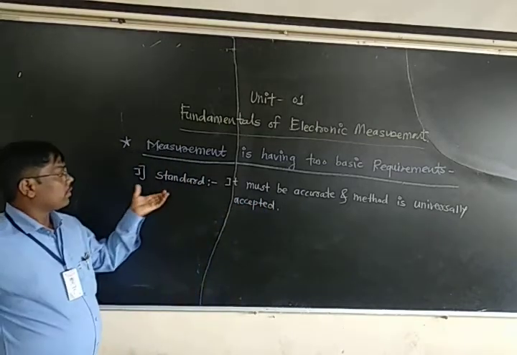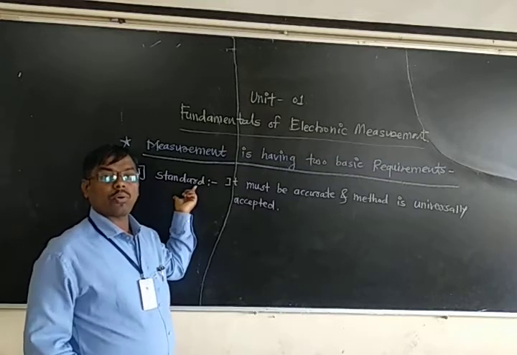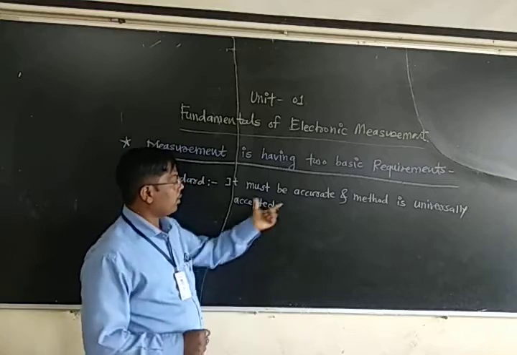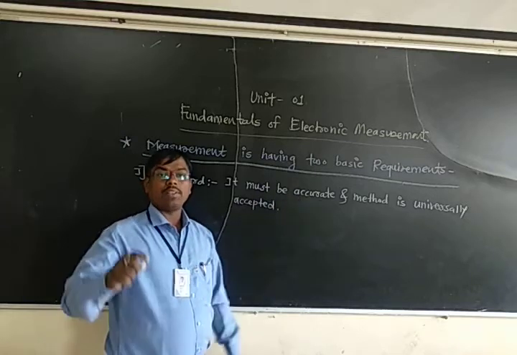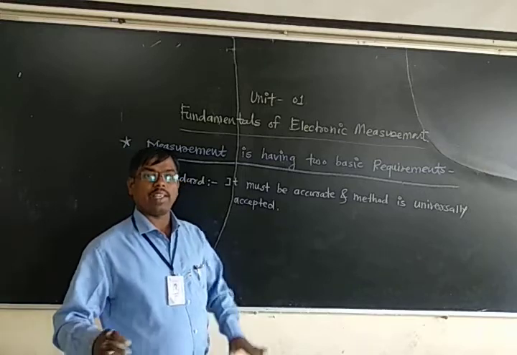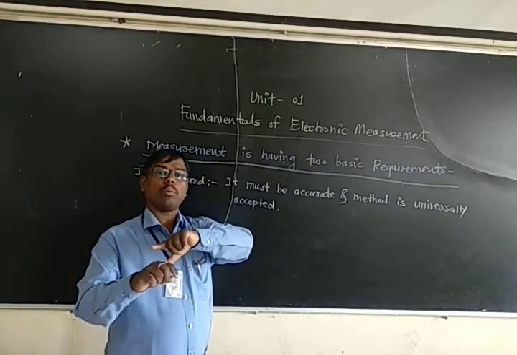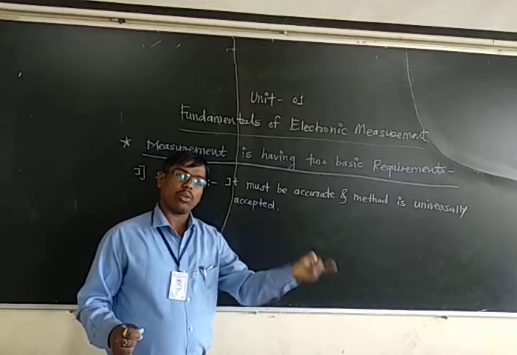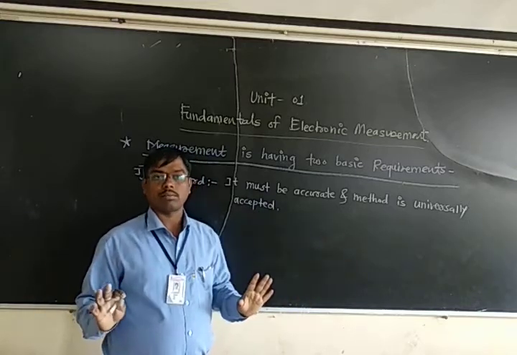Which means the standard used for the measurement purpose should be the accurate one. If the standard has some error, then we compare that standard with the unknown quantity, and hence the unknown quantity also has the error.